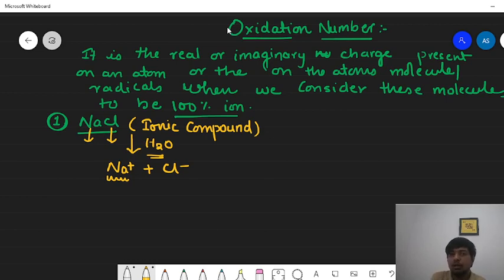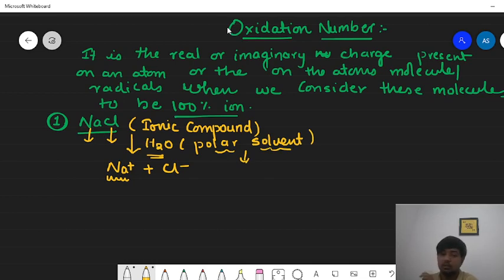Solid NaCl has no charge on it because the plus charge of Na+ gets neutralized with the Cl-. So to obtain the charge on Na and Cl, we have to put it in water, because water is a polar solvent, and a polar solvent has the tendency to dissociate these ionic compounds into their constituent ions.